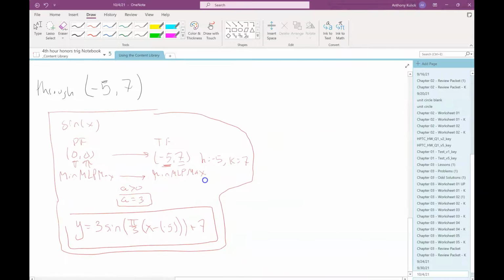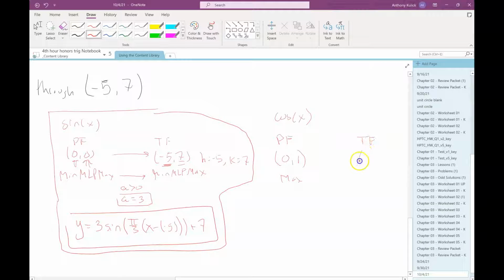What if instead we had chosen to use cosine here? Well, this is a little bit more difficult, but not a ton more difficult. So for cosine, we like to use 0, 1, which is a maximum. In our transformed function, I have the freedom for negative 5, 7 to be any point I want.